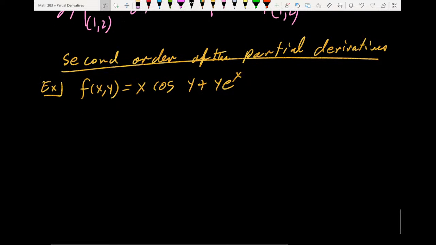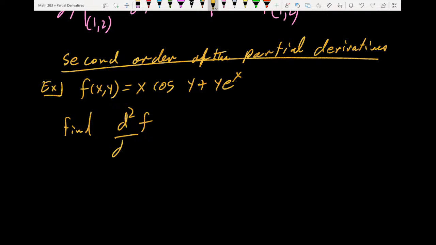Here's another way of writing that. There are all these different ways of doing that.